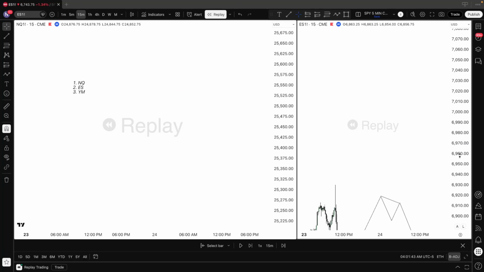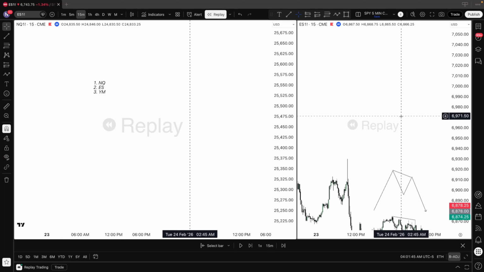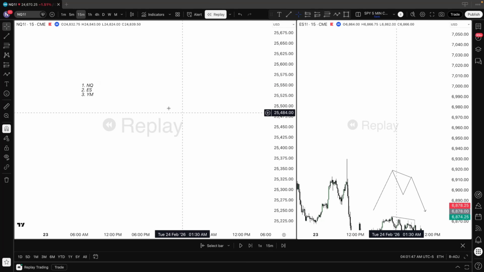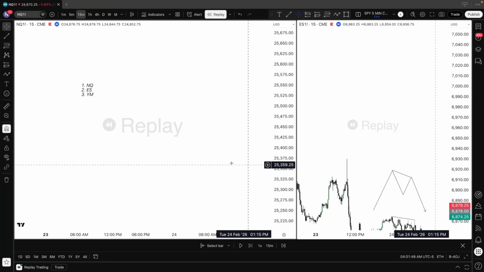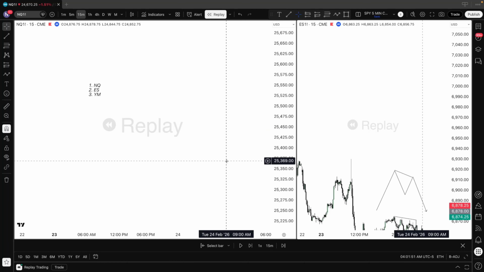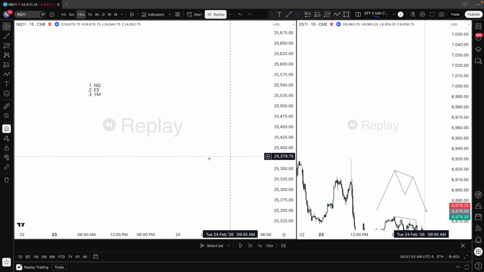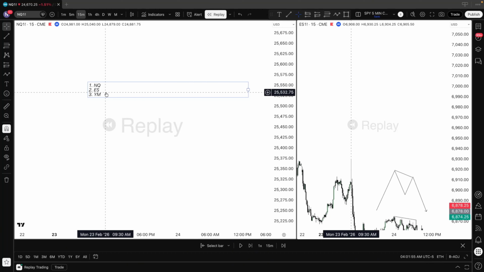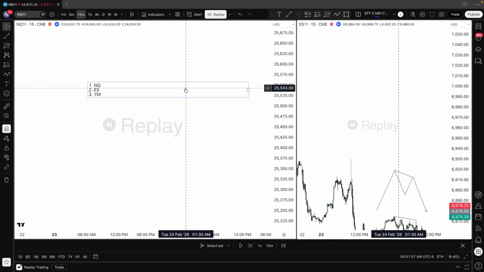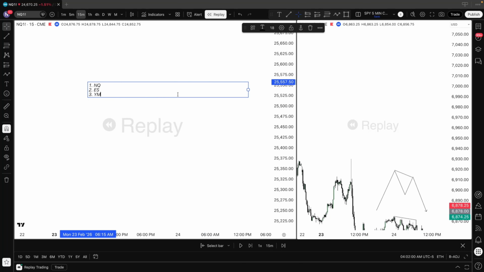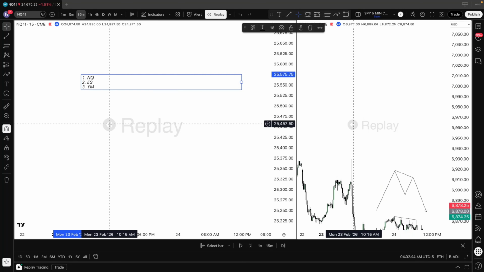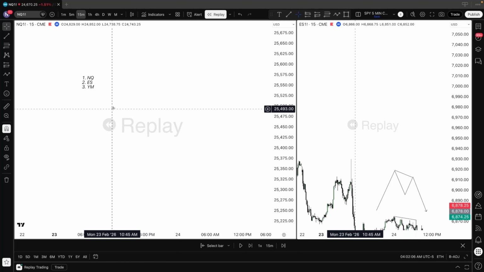A lot of times YM could be doing its own thing, but it is important to note when YM sweeps certain levels. In this example, we'll break down NQ and ES because that's the one we favor more, but it is important to note YM at all times because it has areas of liquidity that we sweep, and we get displacement out of that range. And that's important to note, because that SMT is likely to hold.